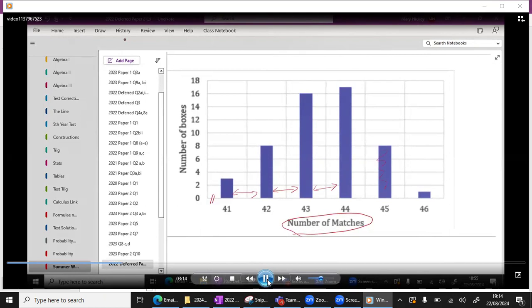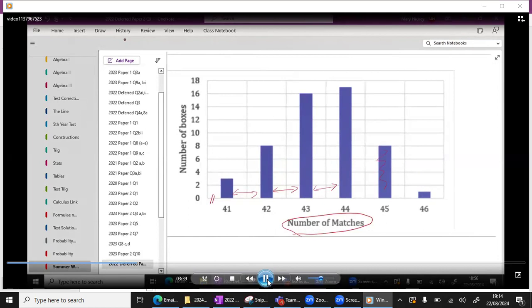The reason I'm saying that is because sometimes students feel that if there are no boxes with 45 matches, then we don't need to worry about it or include it. But actually you do. The gap is often the most significant feature in a chart. So we always include a gap if that gap exists. It doesn't in this case.